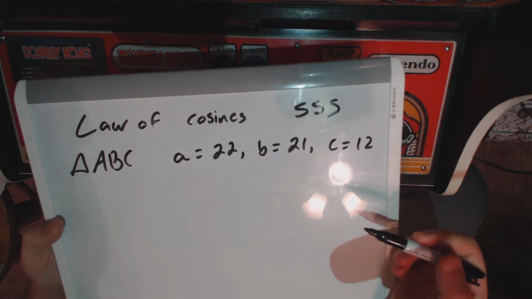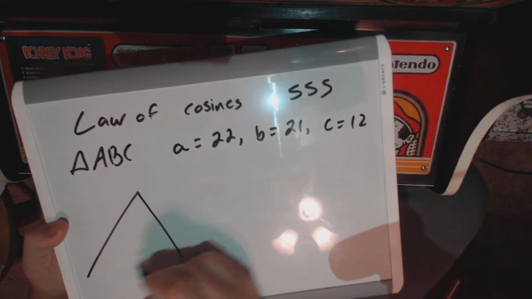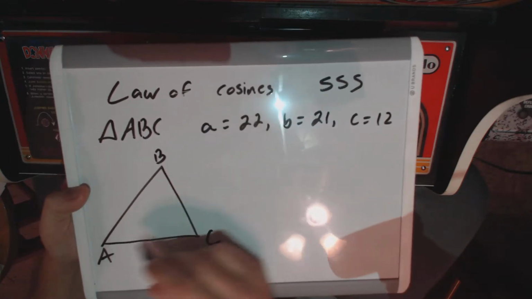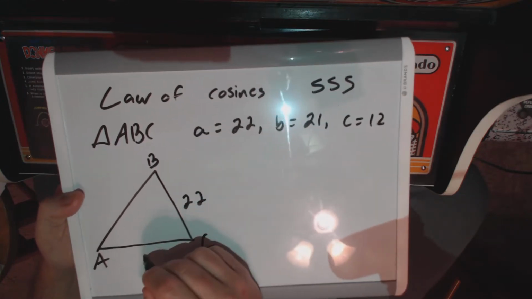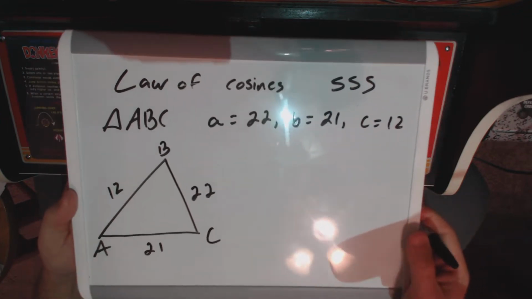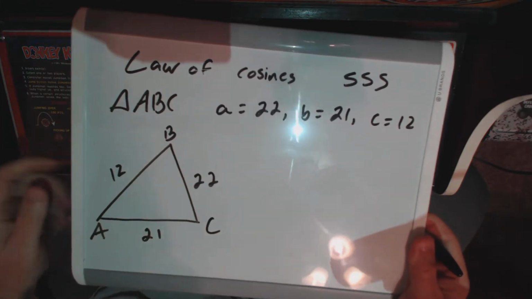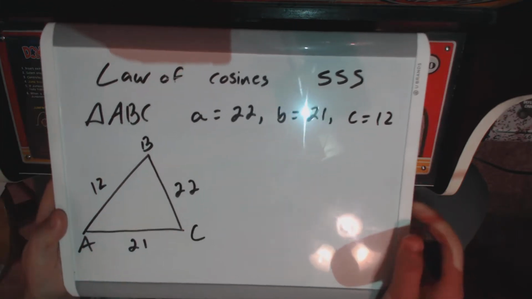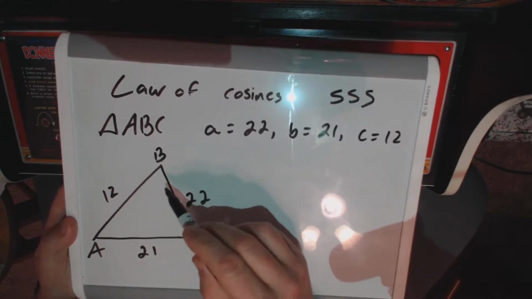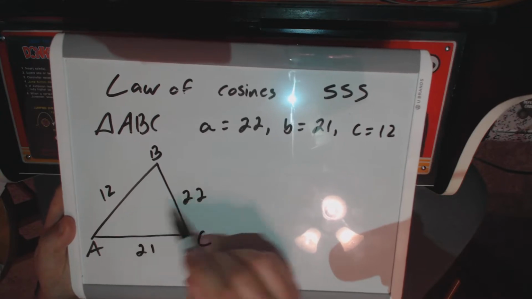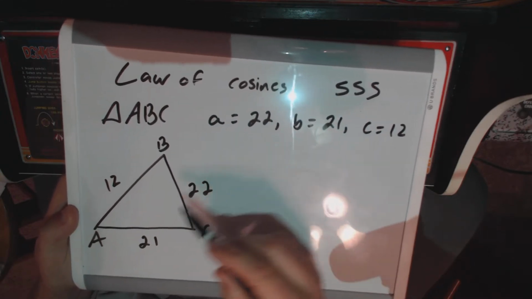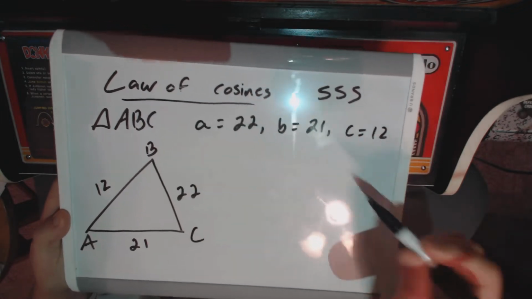If you were to draw that, A would be here, B would be here, C would be here. Now I want you to make a note here. We can't use the law of sines here because to use the law of sines, you'd have to have an angle and a side that match up. The problem is we don't have any angles here, so this is a scenario where you have to use the law of cosines.